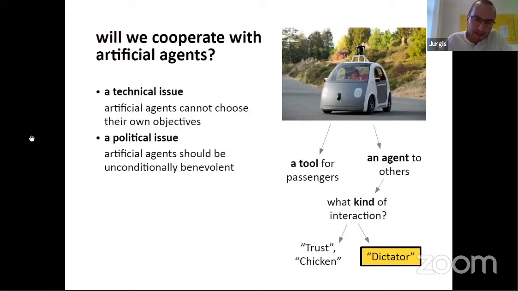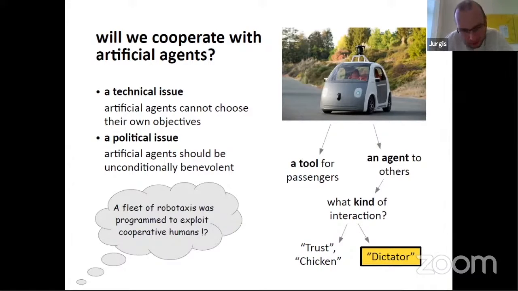And indeed, imagine how scandalous it would be if one day you picked up a newspaper and you read a headline that here is a fleet of self-driving cars, a fleet of robo-taxis that's been programmed to exploit cooperative humans on the road for their selfish goals. For example, the speediest delivery of goods or passengers for that matter.